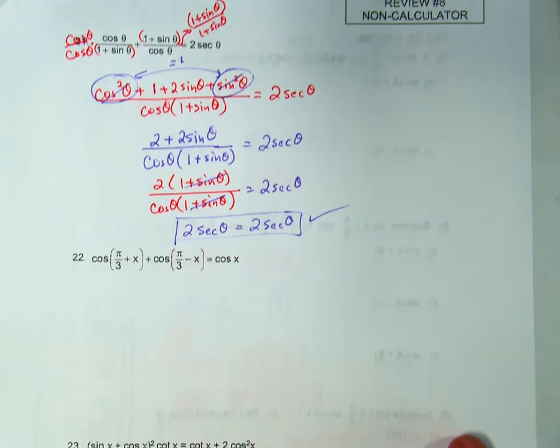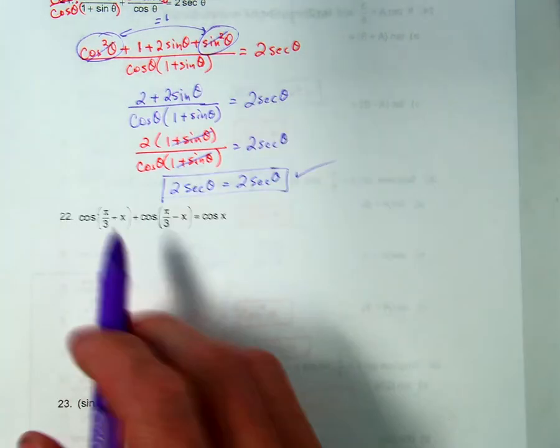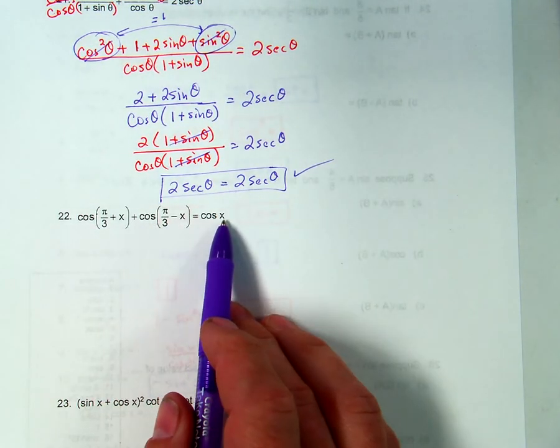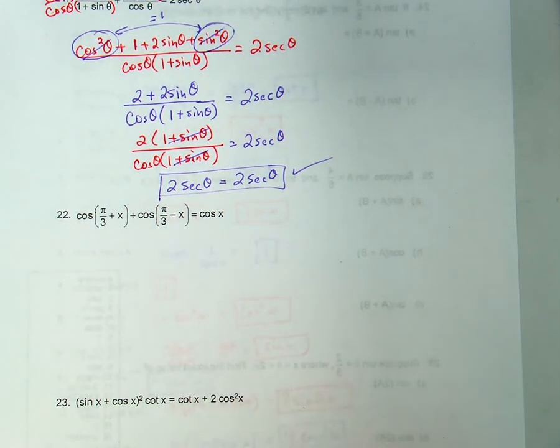All right, number 22. This is one that's going to be a little long just in writing everything out, but we have a cosine sum and a cosine difference. It's supposed to equal cosine x. So let's see what we can find out here and if it actually does indeed equal cosine x.